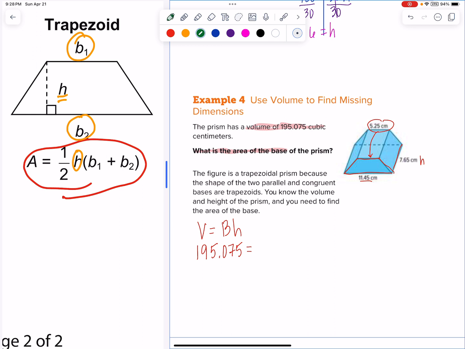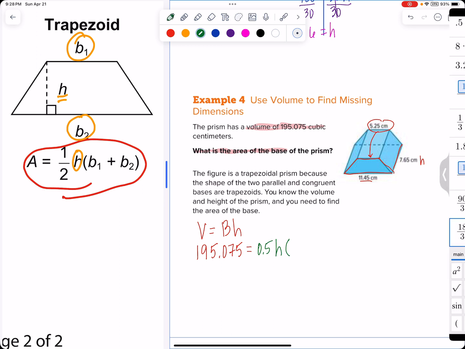So it's 0.5 times h, which we don't know. We don't know the height of the trapezoid. And all that is times B1 plus B2. So let's go ahead and add up B1 and B2.